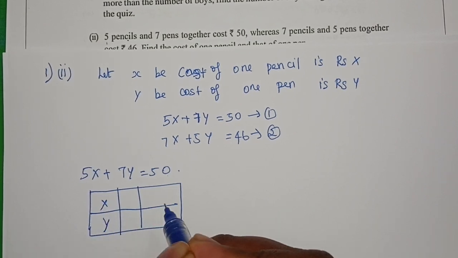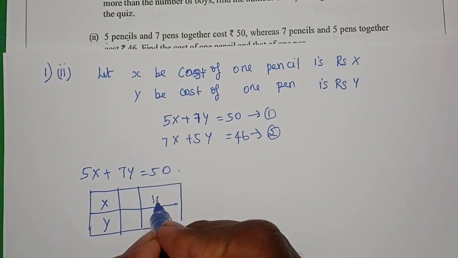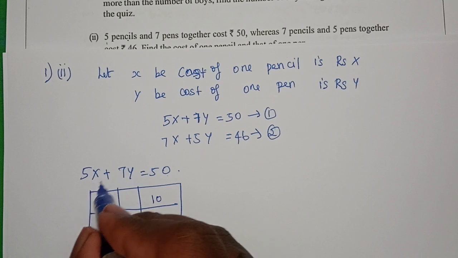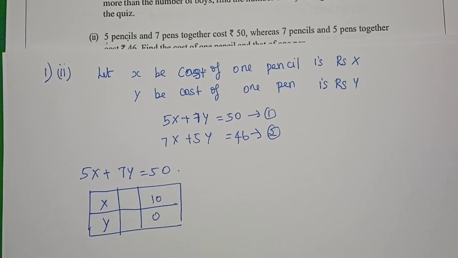Taking x and y, y can be 0. Y equal to 0 means x is 10. But x equal to 0 means 7 times table, it will not be divisible. So we should think in other points of view.